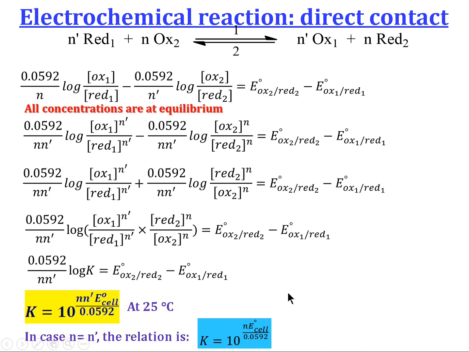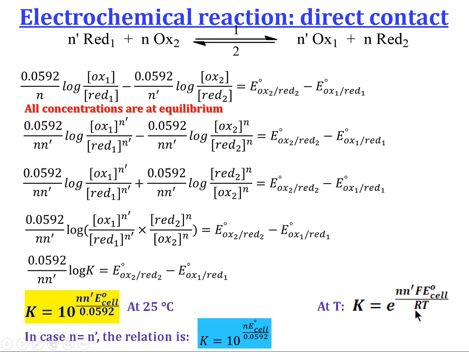And if we want to work at a temperature different than 25 degrees, we have to use the expression ln, and we use RT divided by nF.